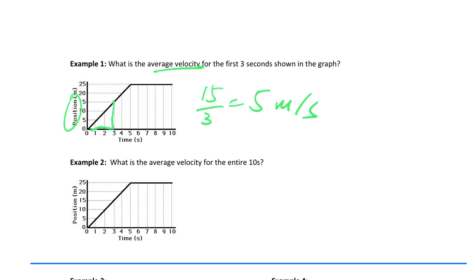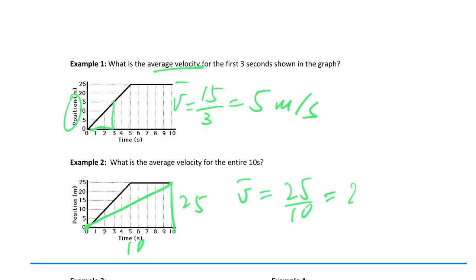For the entire 10 seconds, I'd have to draw a segment from 0 to 10 for the entire trip. That'd be 25 divided by 10. So average velocity would be the rise over run, 2.5 meters per second.